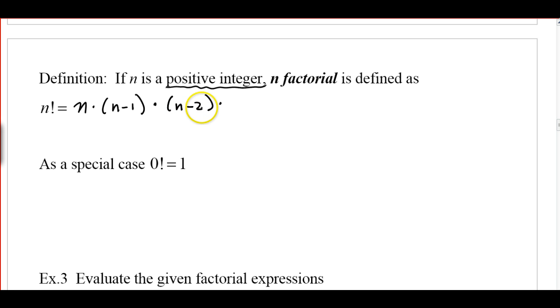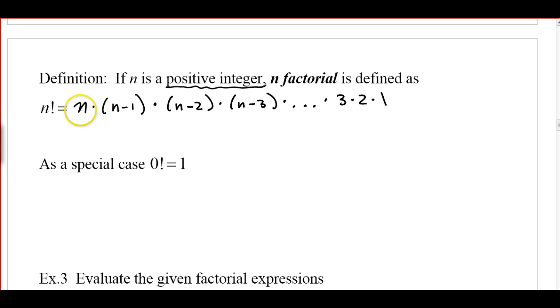And the number that's 1 less than n minus 2 is n minus 2 minus 1, so that's n minus 3. And then we're going to keep going all the way until we get down to 3 times 2 times 1. Okay, so you take the number and you multiply it by all the positive integers less than it down to 1.